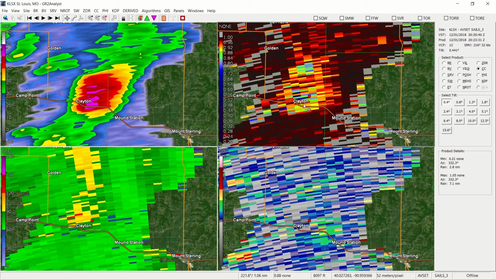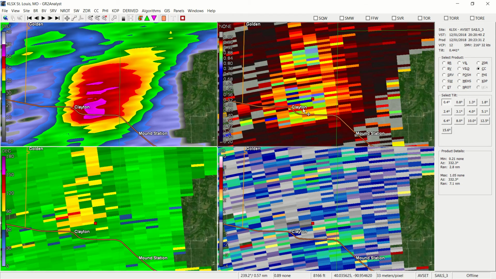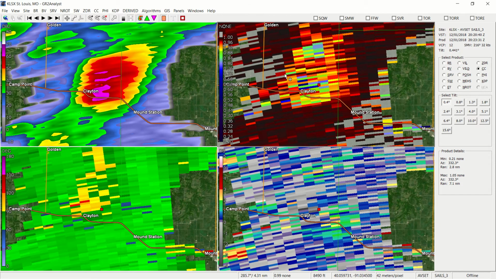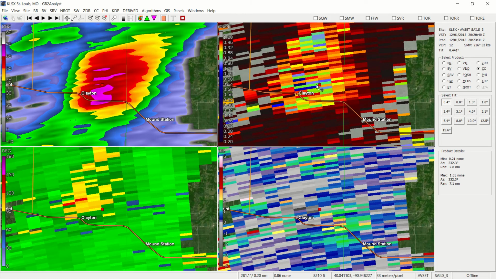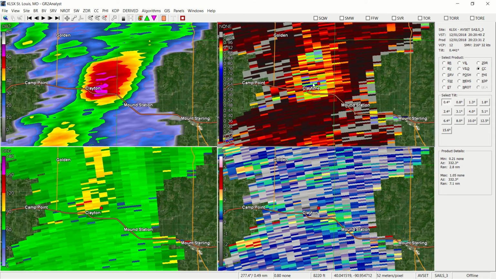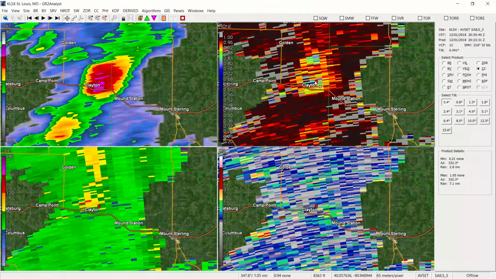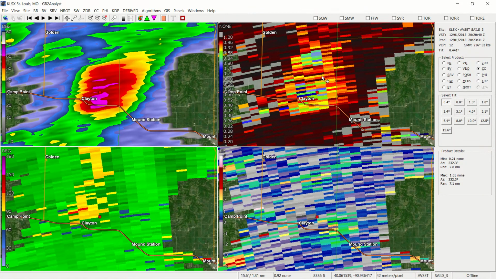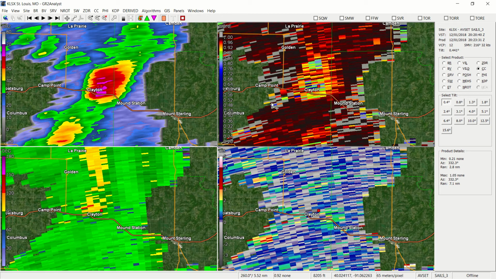If we look down here, we have lower values of correlation coefficient, where we see this mass. This can be as a result of hail. You see a lot of mixing of rain and hail, where the shapes and sizes of those don't really correlate, so that can also be a good indication. This can also help us identify debris signatures, as well as heavier rain and such.